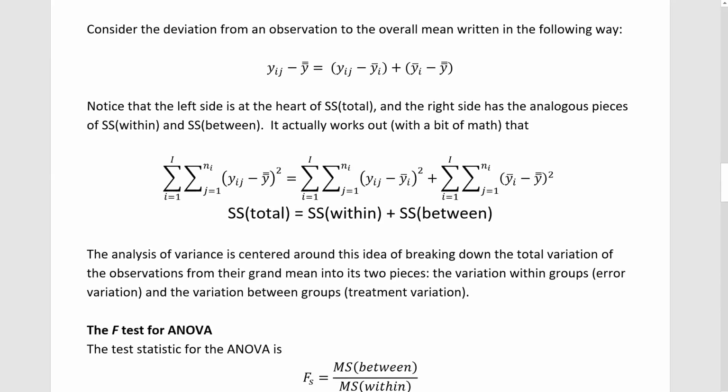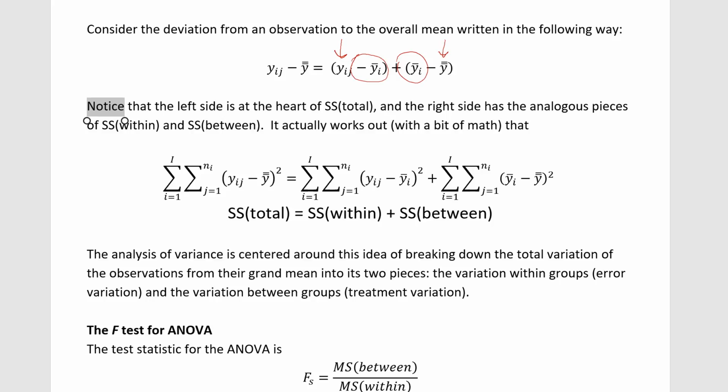All right, so consider the deviation from an observation to the overall mean written in the following way. If I look at an individual observation, which is Yij, to the grand mean, which is Y bar bar, I could rewrite it like I did on the right. I still have my Yij minus my Y bar bar, but all I've done is I've subtracted a Y bar i and I've added a Y bar i.